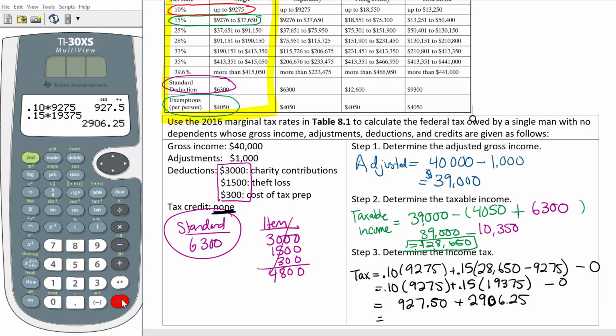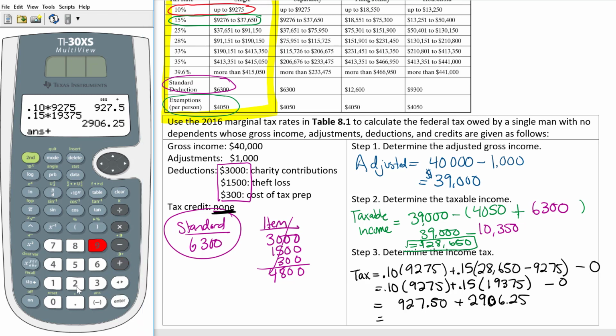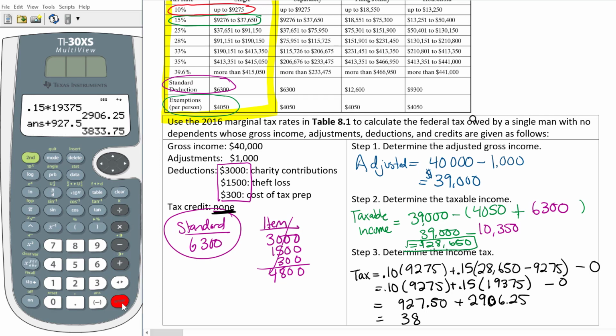So now I can add those two together. Because that's already in there, I can just hit plus 927.50, and that gets me $3,833.75, which is the income tax that is due for this single man filing by himself with the gross income, adjustments, deductions, and tax credit listed.